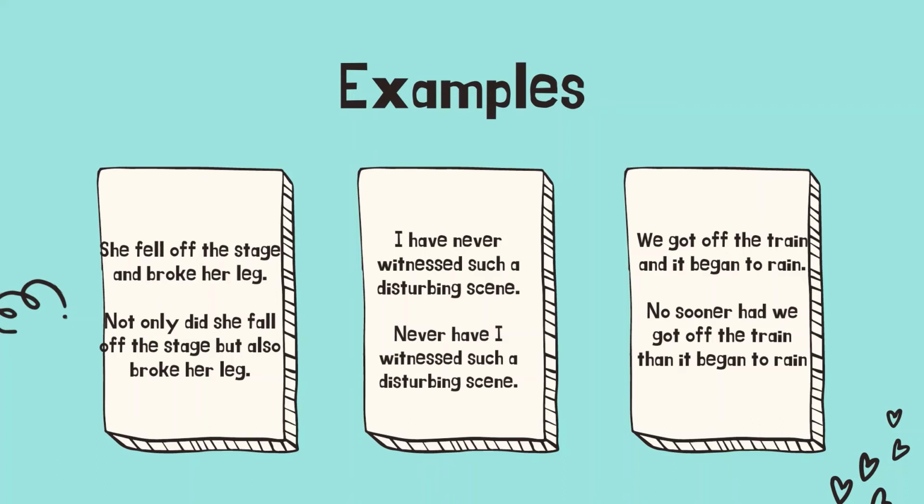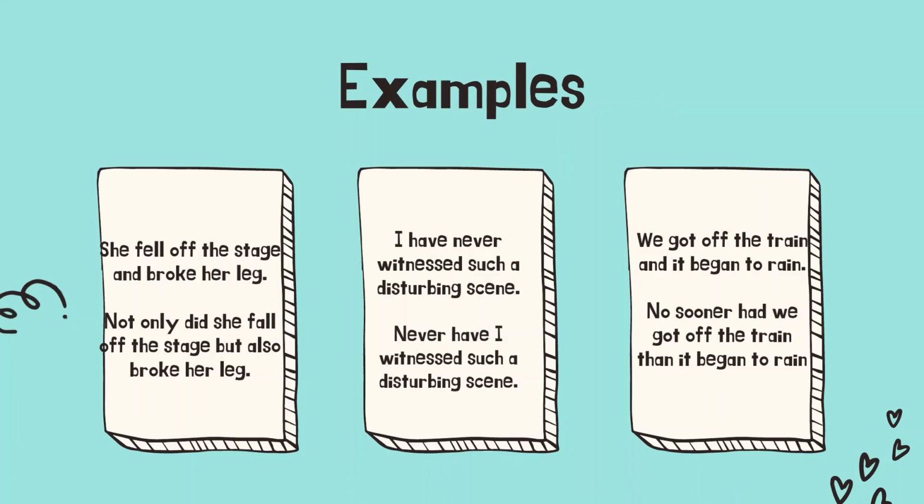So the structure says that we write the adverb at the beginning of the sentence. So we put never, then the auxiliary verb have, then the subject I, and then the main verb, in this case witnessed. So the sentence will be like this: never have I witnessed such a disturbing scene.